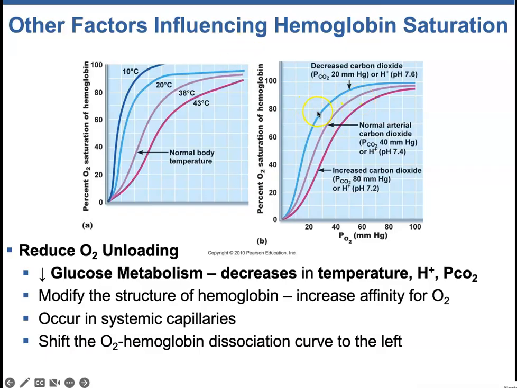It would also shift to the left when you're becoming more basic. That is what this oxyhemoglobin dissociation curve is referring to, and how your body adapts to how easily it's going to unload the oxygen based on your metabolic demand. I love this because our body's able to adapt like that.